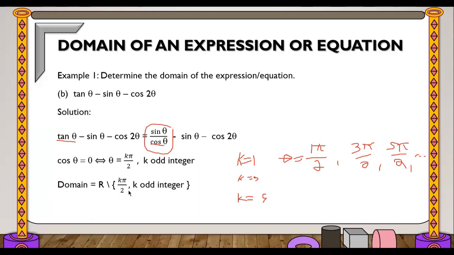Okay? Ibig sabihin, any theta k pi over 2 for even, pag ginawa mong even integers yun, okay, pwede yan. Or any k except odd integers for k, pwede niya maging domain.